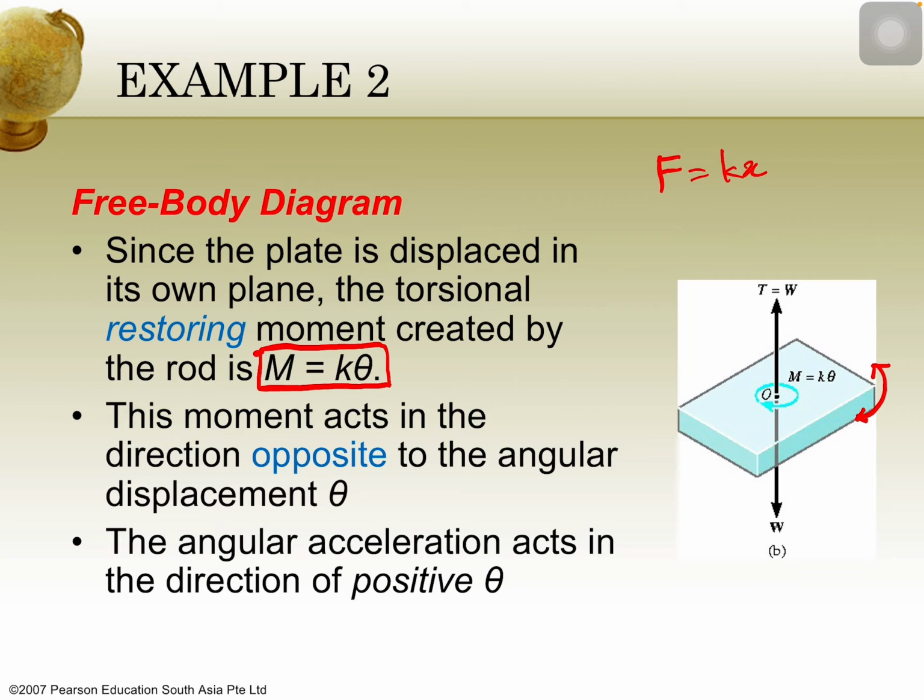Okay, this moment acts in the direction opposite to the angular displacement theta. Okay, why? Let's consider we look from the top. So when we look from the top, this is the rectangular plate, and then there is a small displacement, for example, like this.